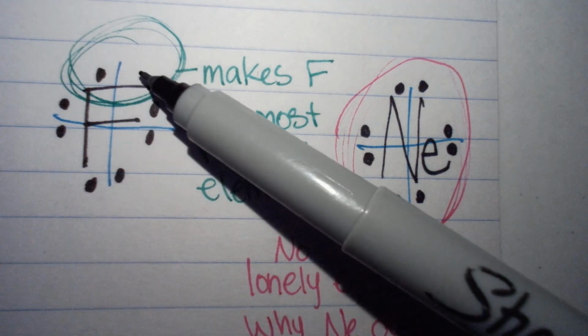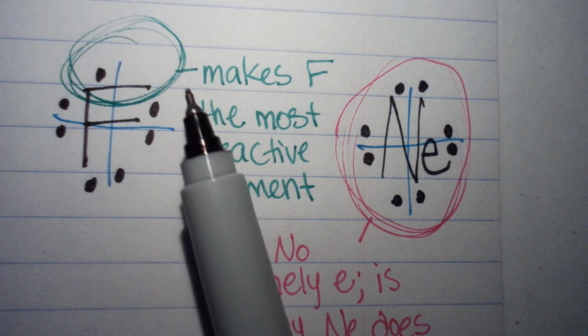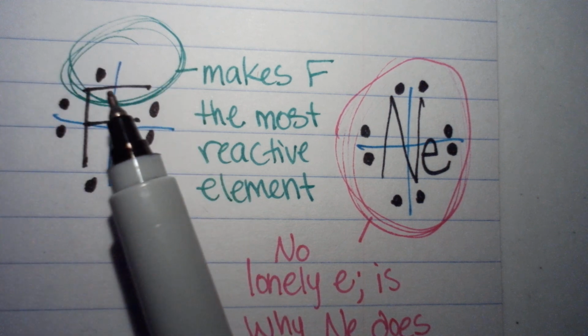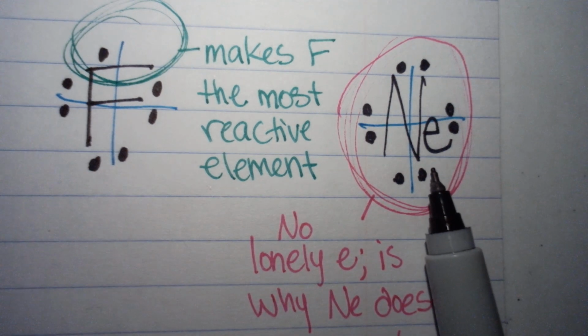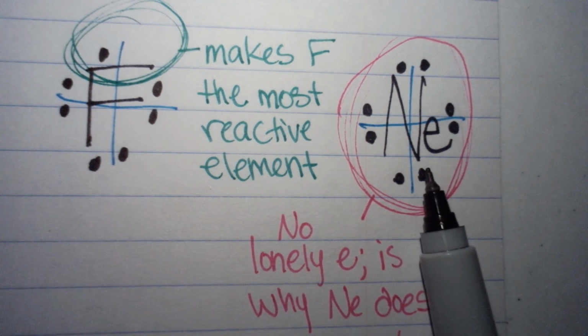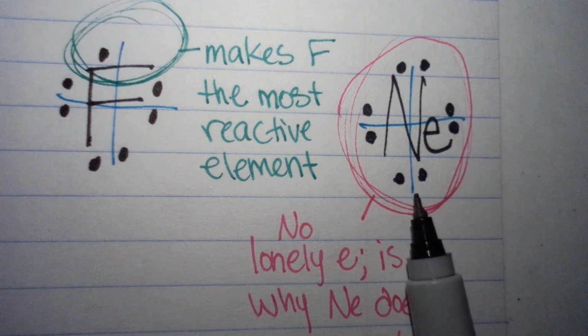And if it did snag up an electron from somebody else, from another element, and make a bond, this electron configuration would look just like neon. And it would be happy, it would be stable. Because this is the whole goal of atoms, to become stable like a noble gas.